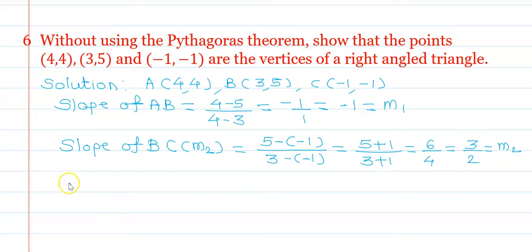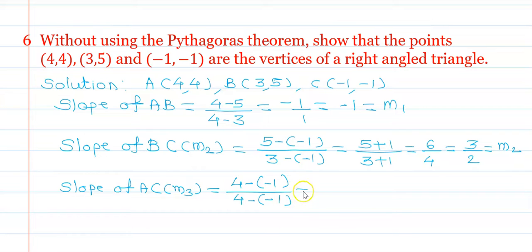Now the slope of AC, and that slope is M3. Again the difference of y coordinates upon the difference of x coordinates: 4 minus (-1) upon 4 minus (-1).